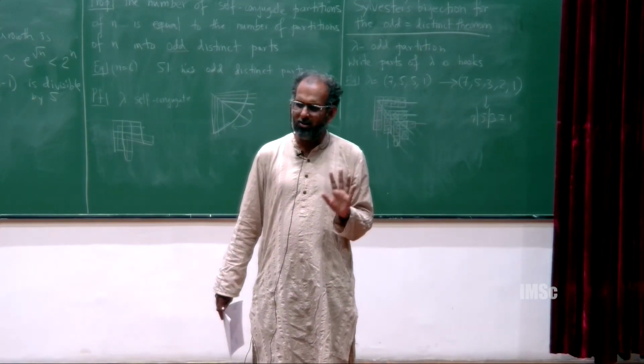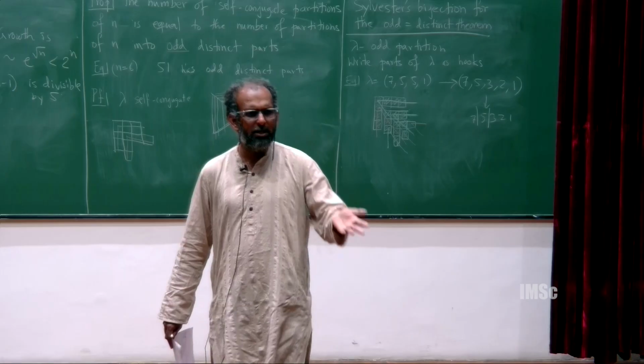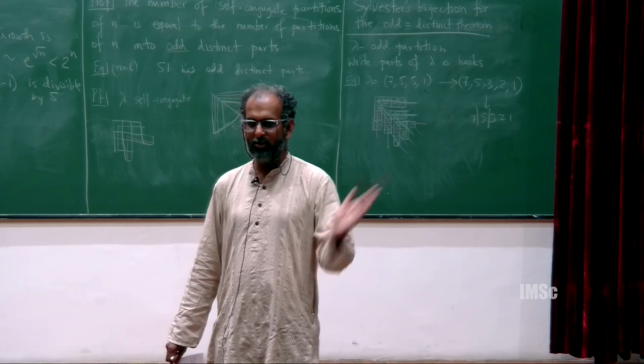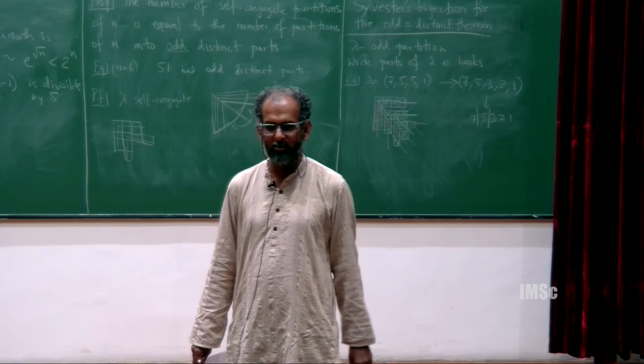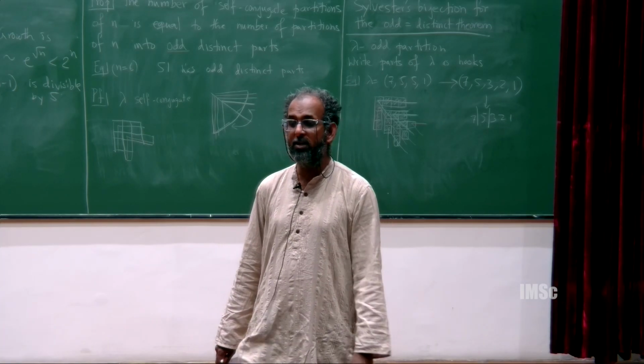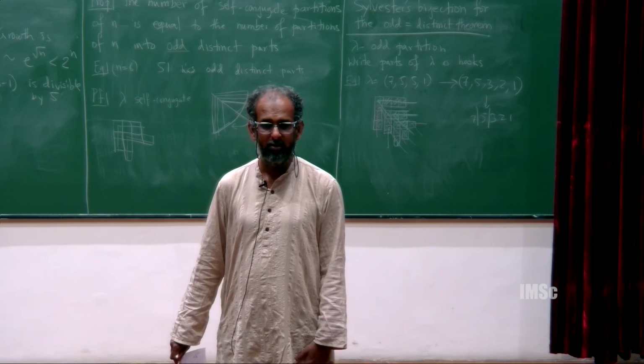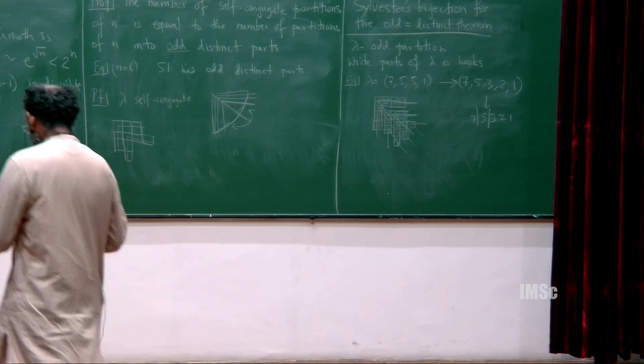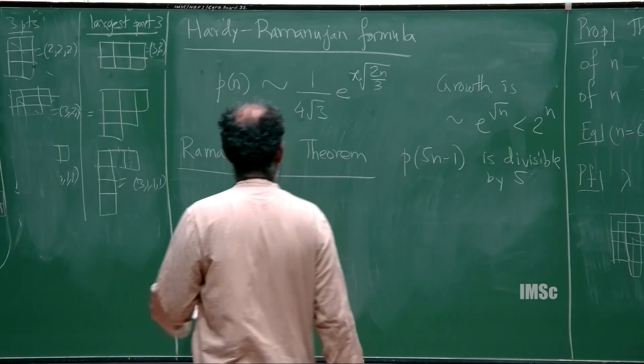This you might say is sort of clear. I mean, divisibility by 5 is very easy to see, right? You just look at the last digit. Now I ask you to check for which n is p of n divisible by 7. Can you do that? So quickly, you probably cannot.